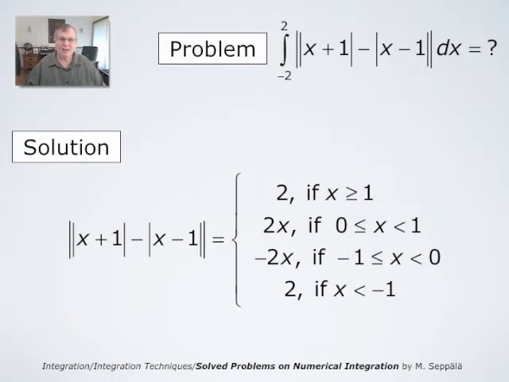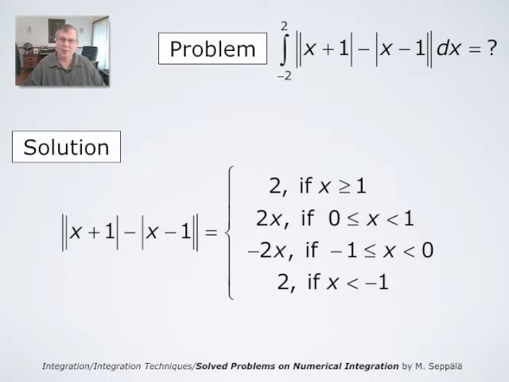So the function we have to integrate is 2x if x is between 0 and 1, it is negative 2x if x is between -1 and 0, and it is again 2 if the absolute value of x is greater than 1. So we have this decomposition, and using that we can draw the graph.